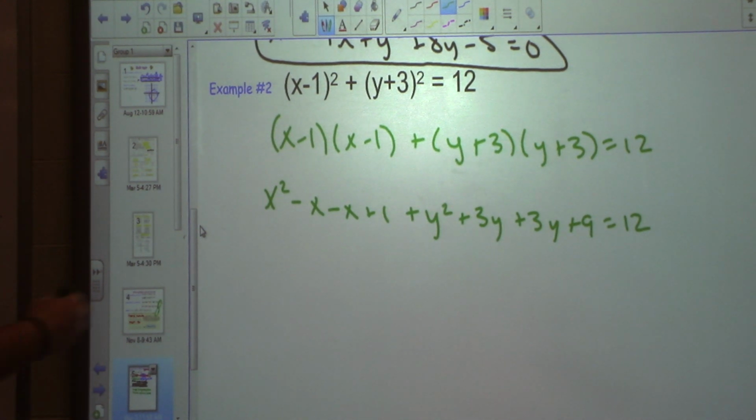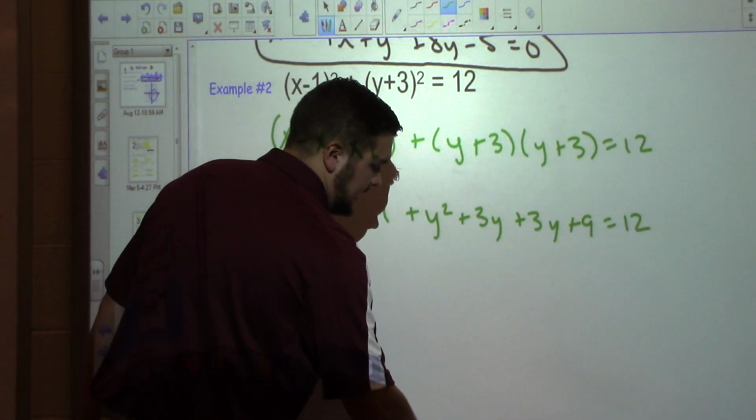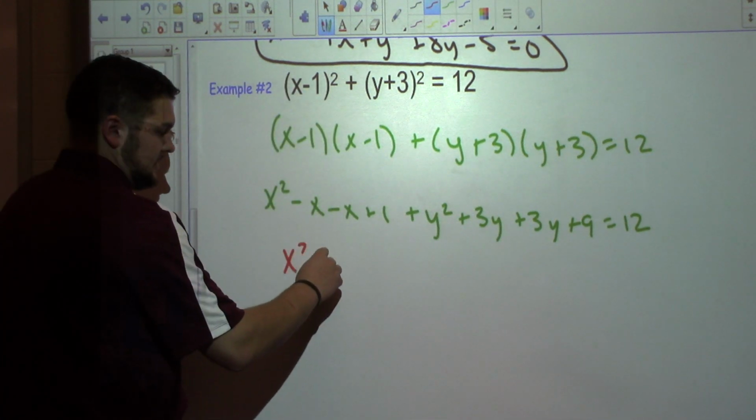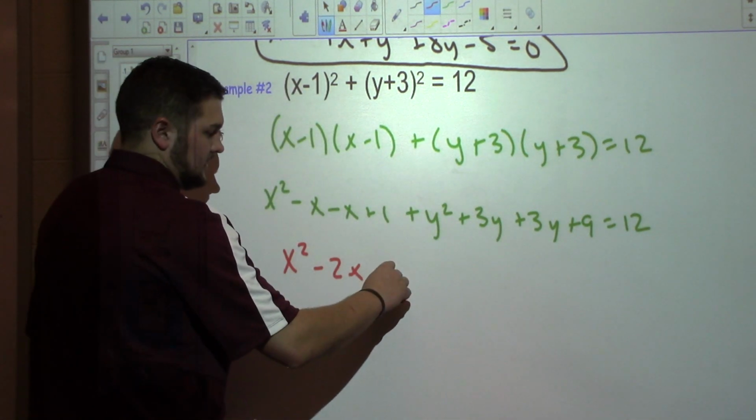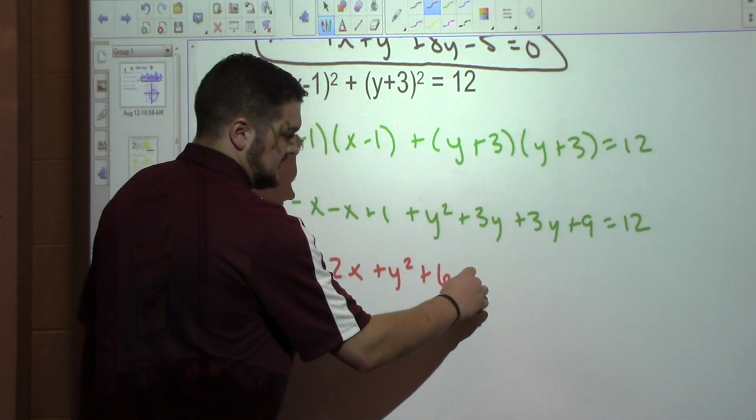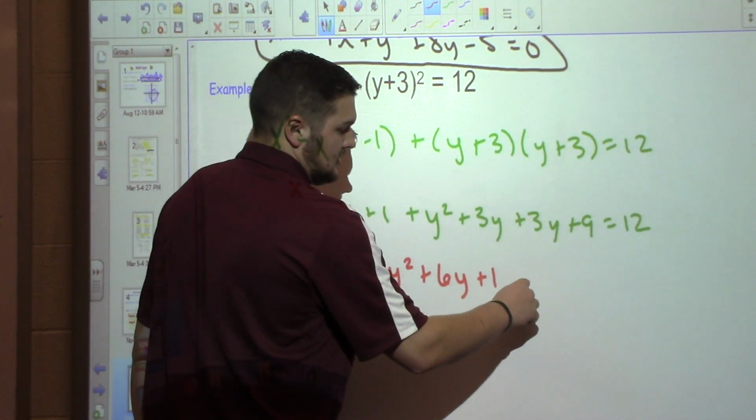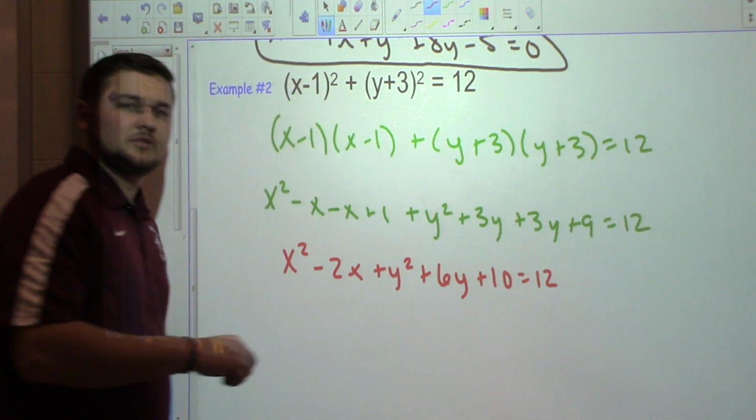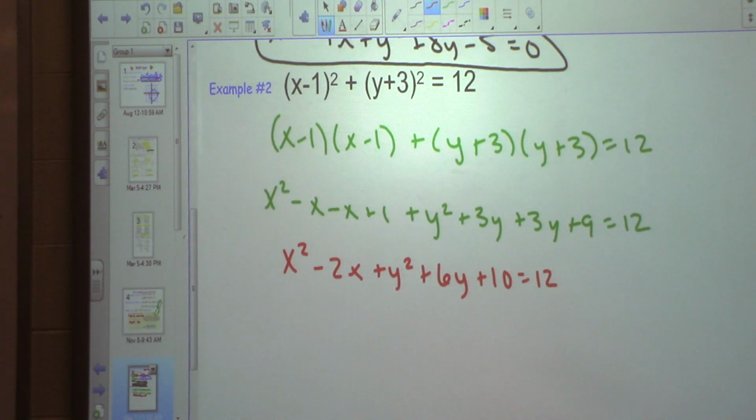Okay? Combine any like terms that you have. X squared minus 2x plus y squared plus 6y plus 10 equals 12. And Dom, what has to happen in general form?